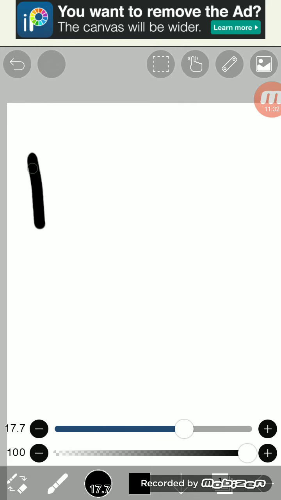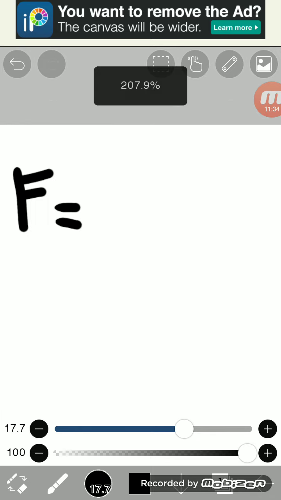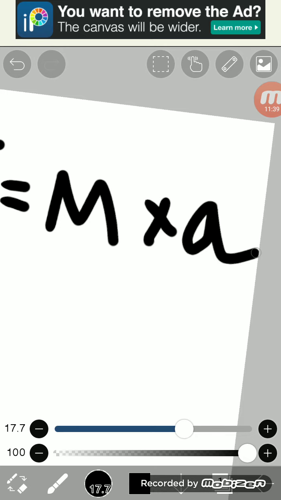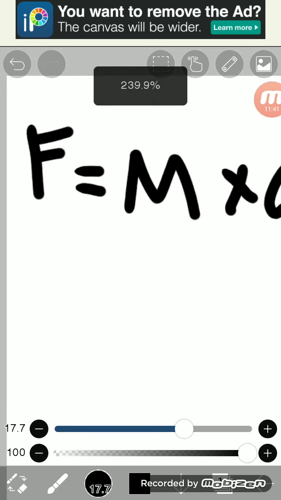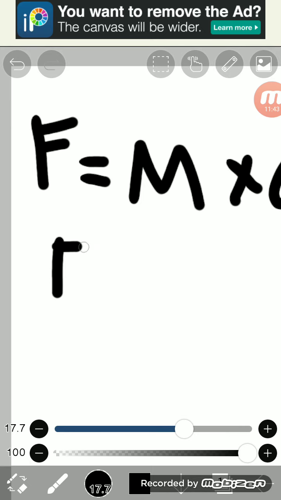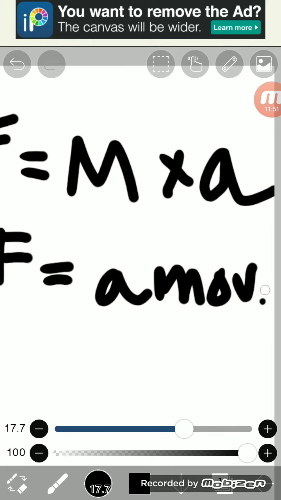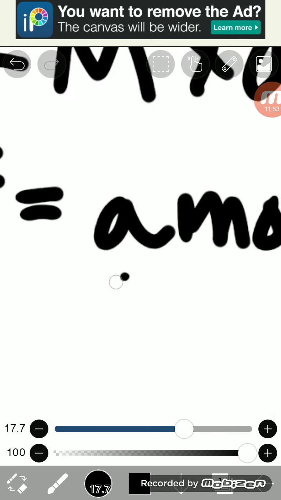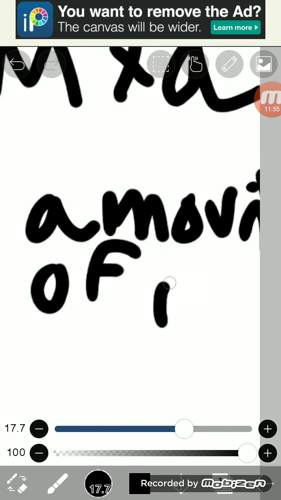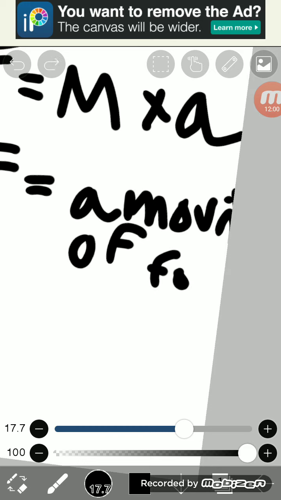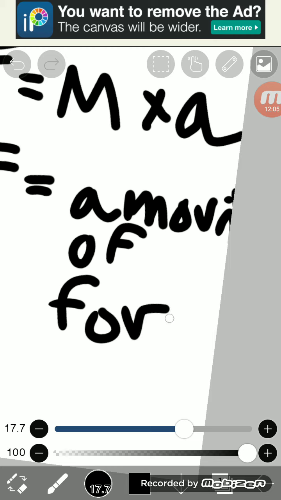So force equals M times A, where F is the amount of force.